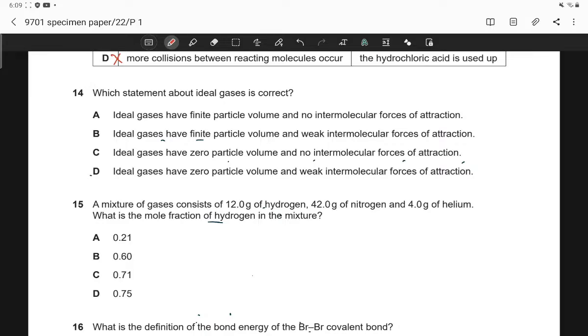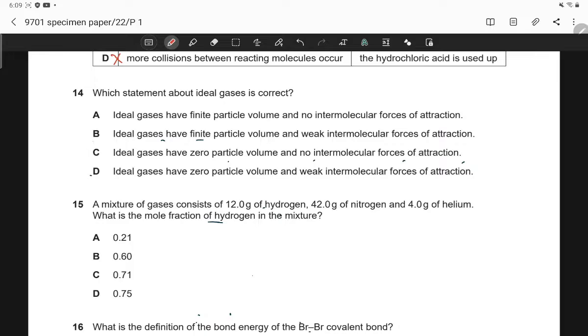Question 14: which statement about ideal gases is correct? Ideal gases have finite particle volume and no intermolecular force of attraction. So ideal gases do not have finite particle volume; ideal gases have zero particle volume.